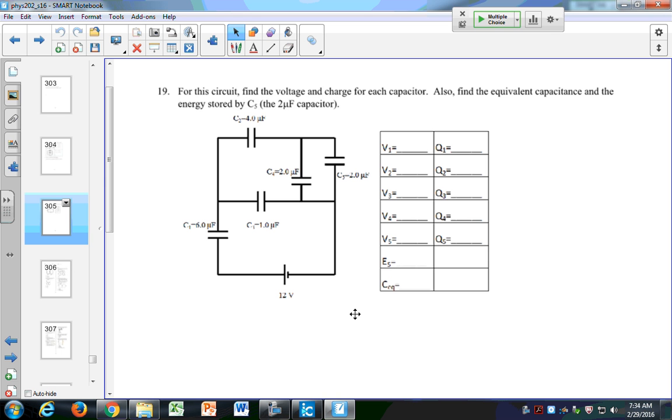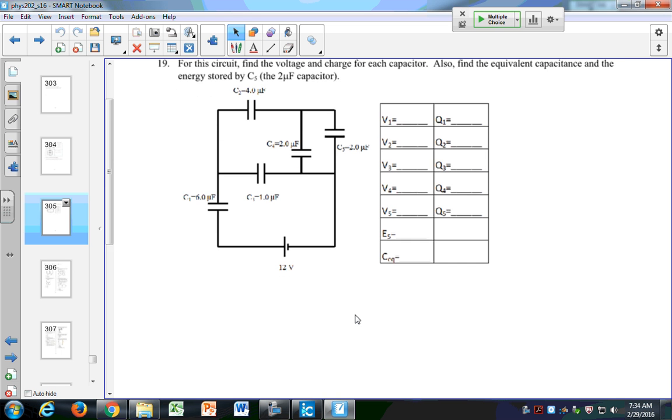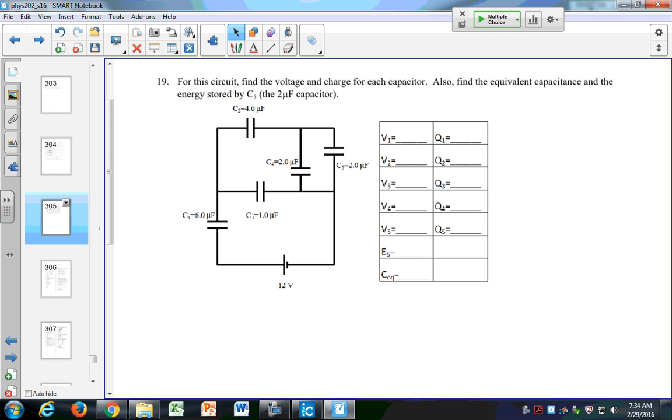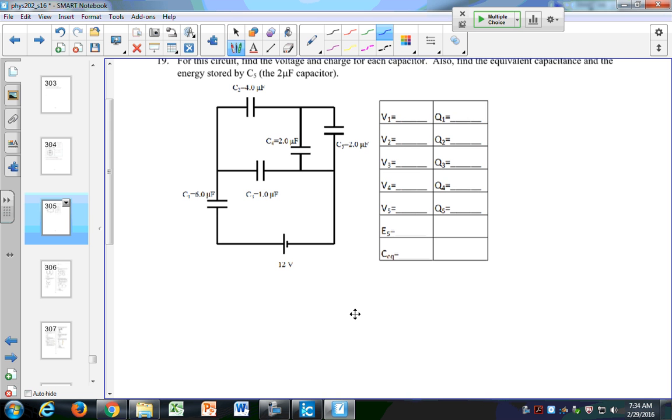We did one that was pretty similar to this. I think it wasn't the same one, was it? I'm pretty sure it wasn't. But let's see. If I redraw this, I have my 12 volt battery. This is my 6 microfarad.